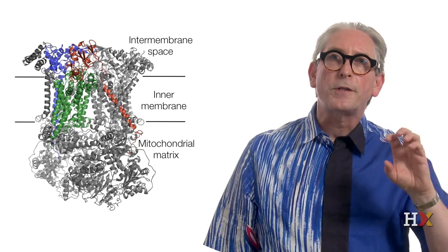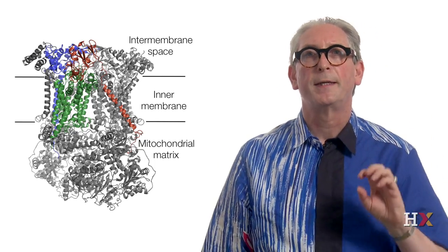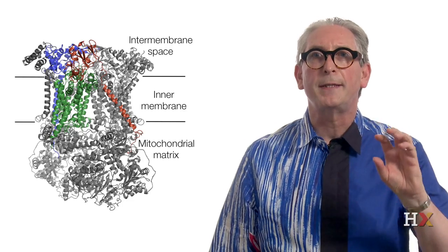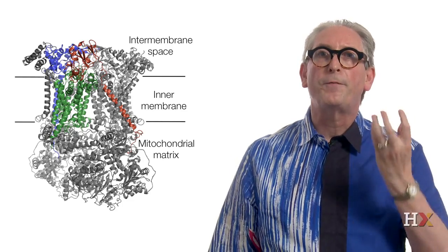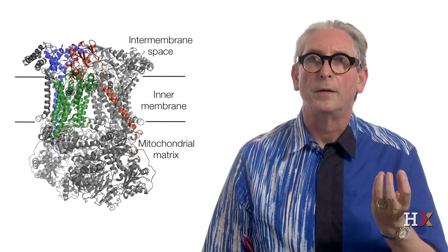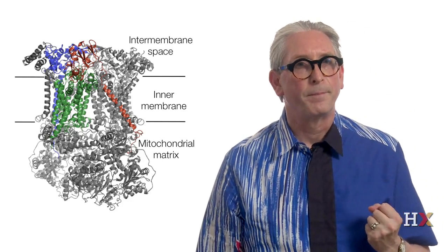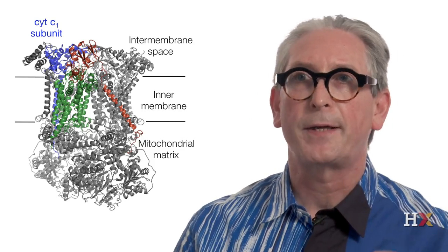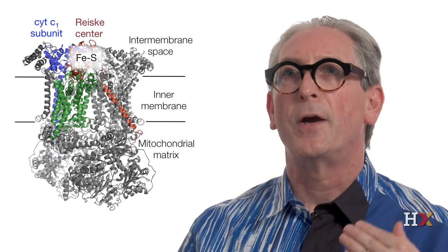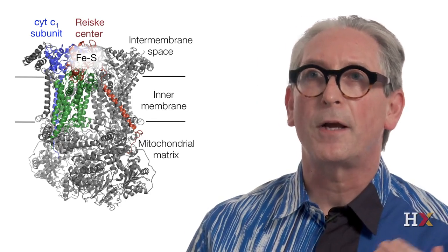different subunits. But we'll focus on 3 subunits that are represented in color on this structure, that form the functional core of complex 3. The first subunit is cytochrome C1 that will interact with cytochrome C. The second subunit is a protein that contains a Rieske-type iron-sulfur center.